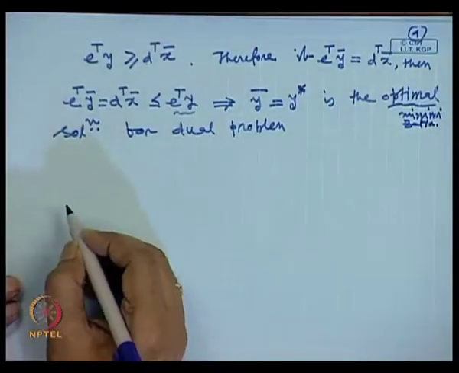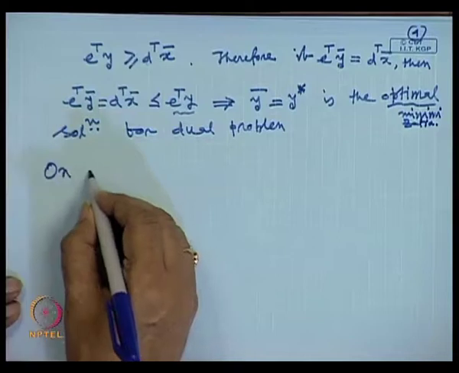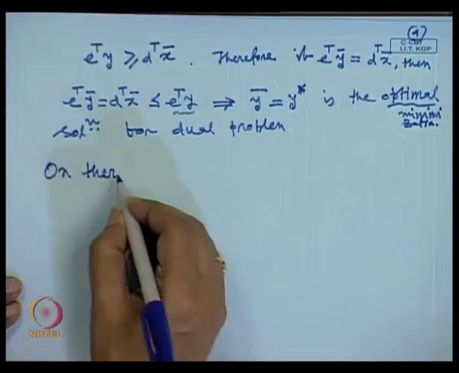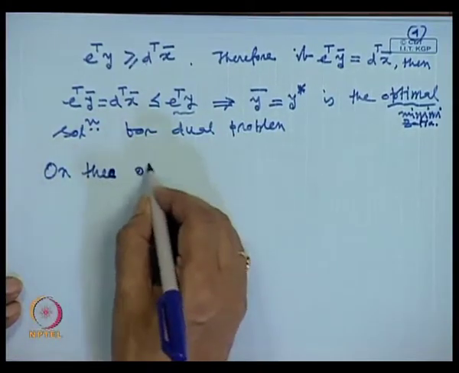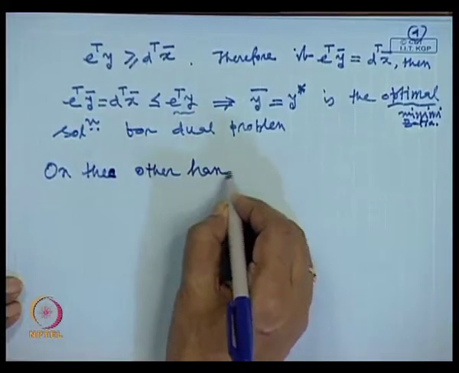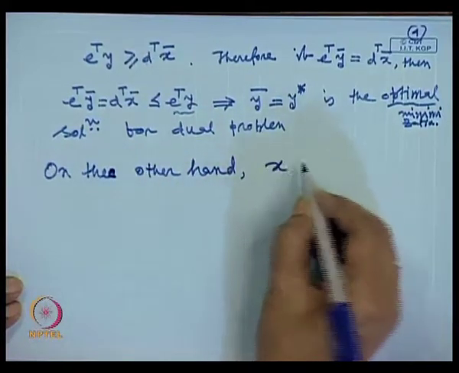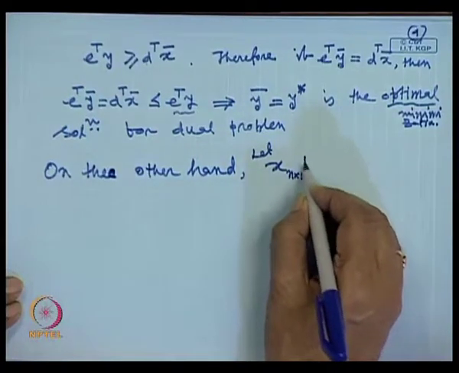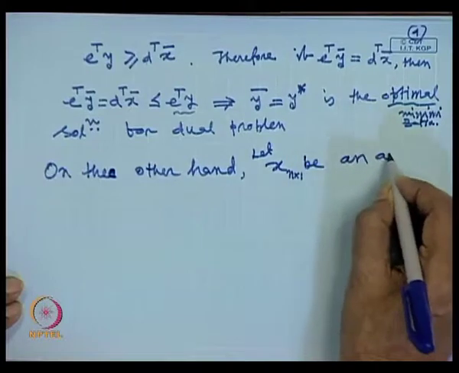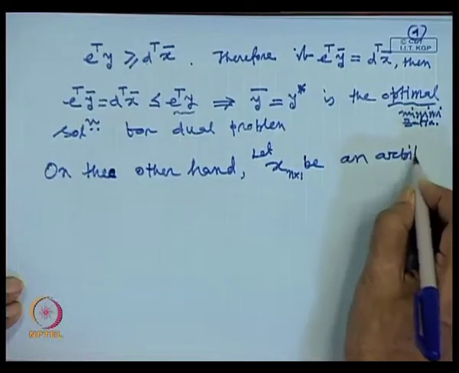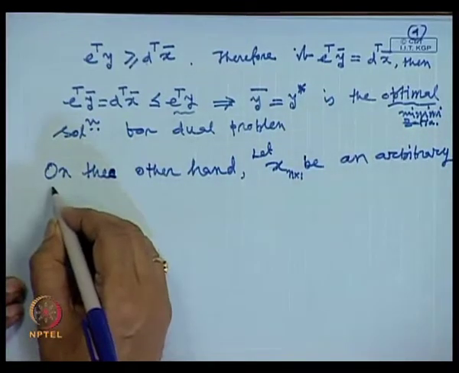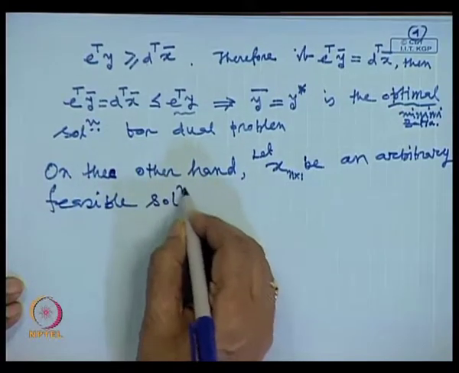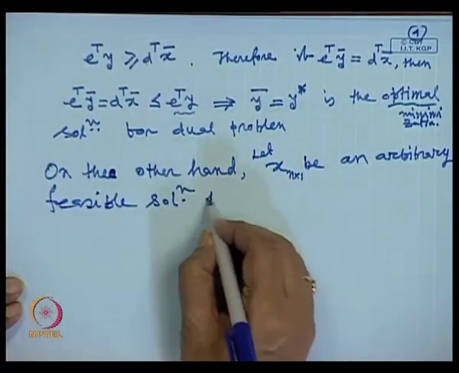Okay. Similarly, on the other hand, with the same reasoning, let x be an arbitrary feasible solution related to the primal problem.